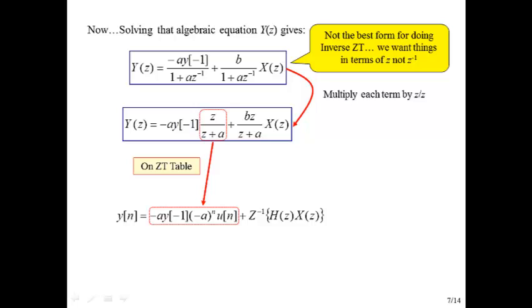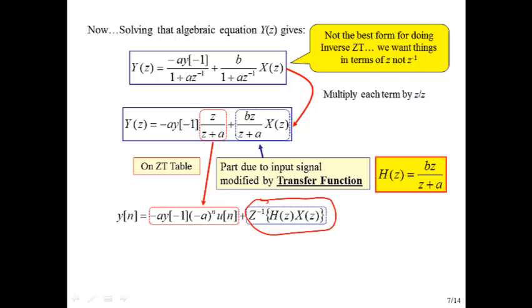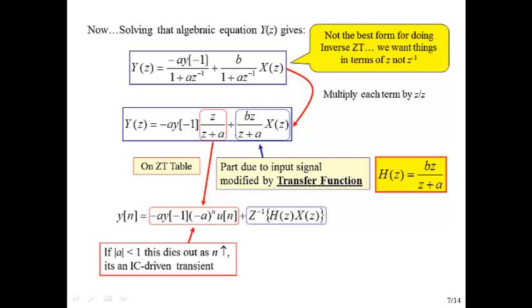Then we would want it to be an unstable system and to grow without bound. And then this part is the part that we've been dealing with all along. So this is a really important piece of insight: our output in the time domain consists of two different parts.